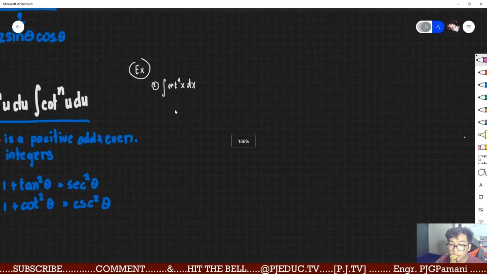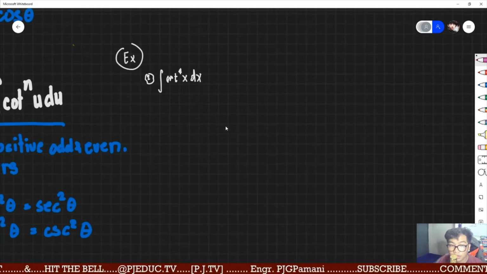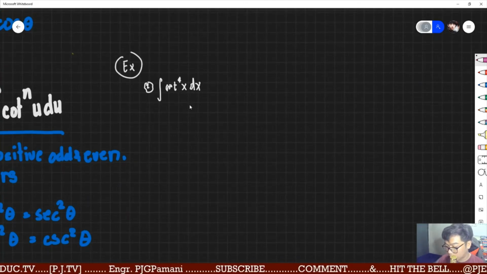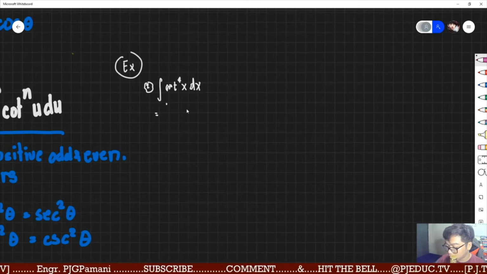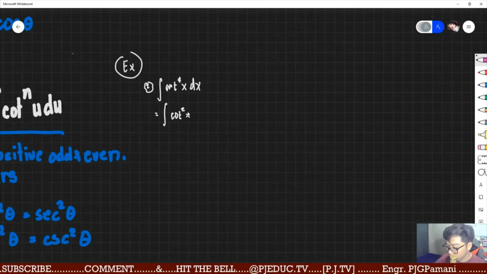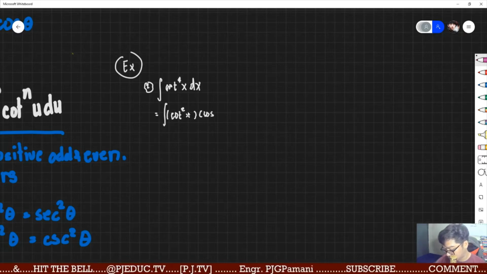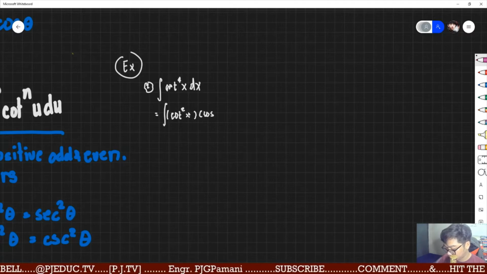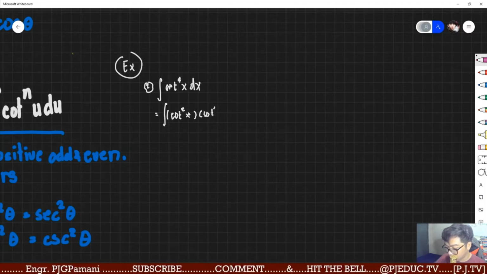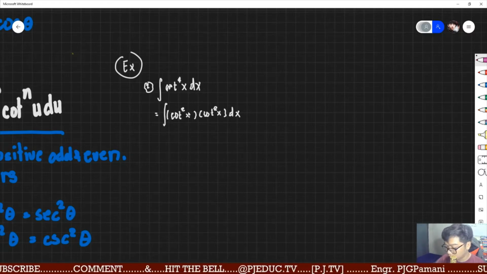It is also a positive even integer. So cotangent raised to the fourth x dx, we can express that again as cotangent squared x times cotangent squared x dx. Right? We can also do it that way.